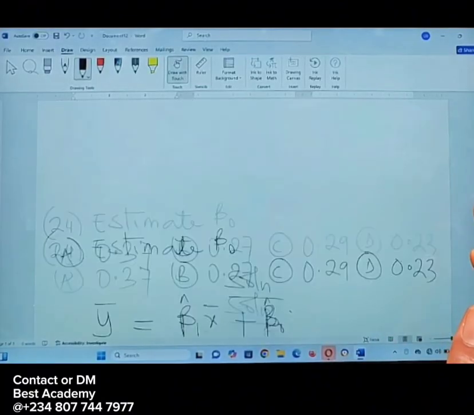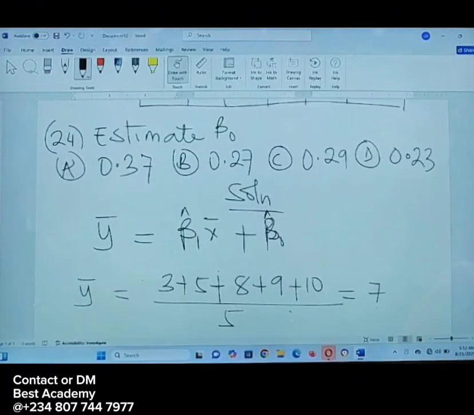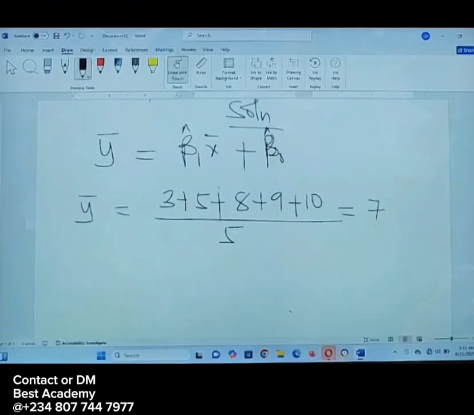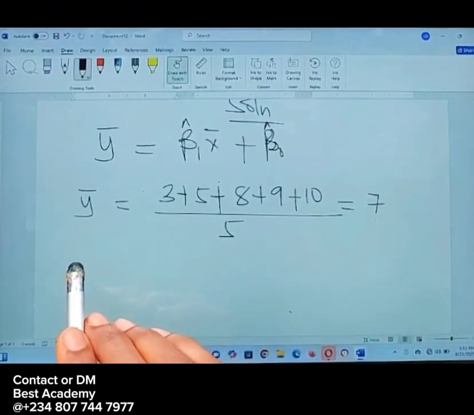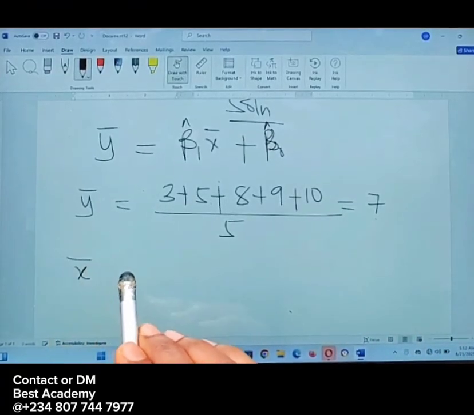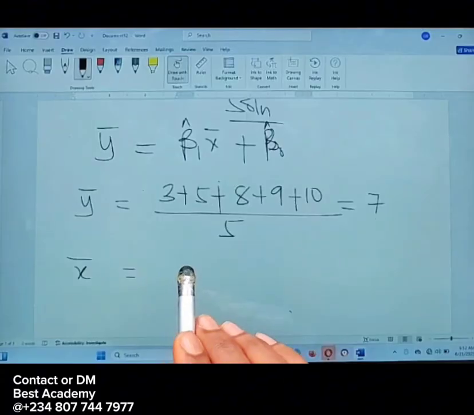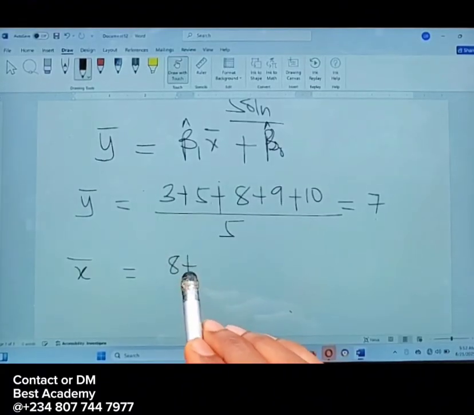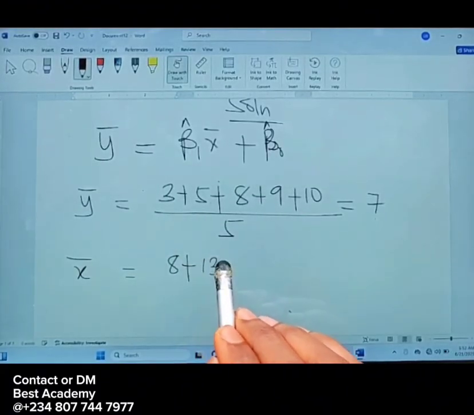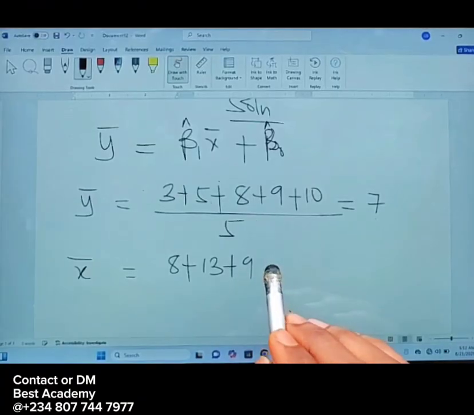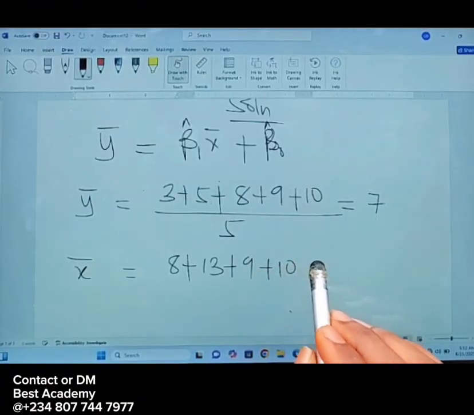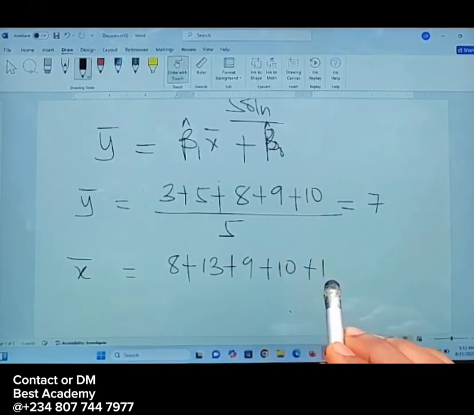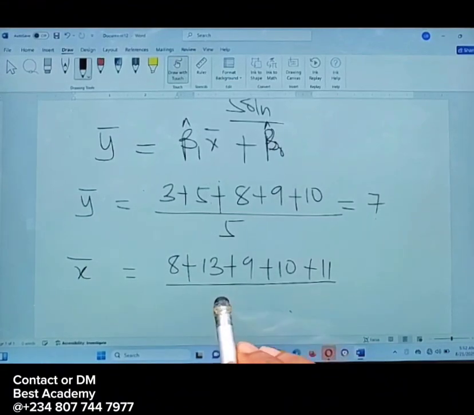So let's find, class, the s bar. We have to add everything on s. That is s bar equal to 8 plus 13 plus 9 plus 10 plus 11 divided by 5.